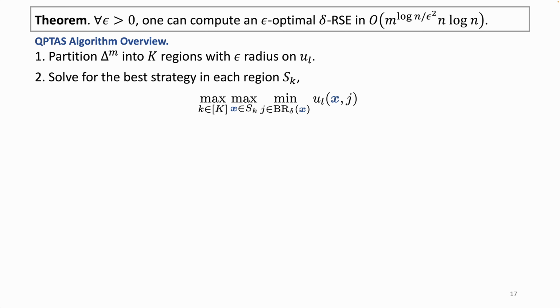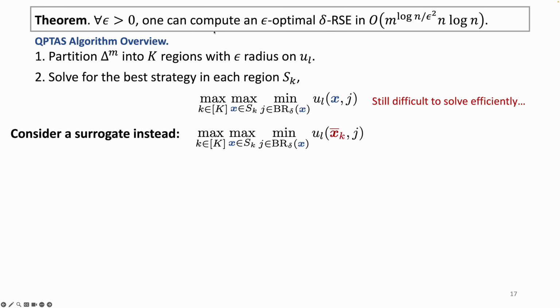Now that we have those K regions, we can formulate the optimization program as solving for the best strategy in each region. But this optimization program is still hard to solve. Therefore, we consider a surrogate to this optimization objective: we replace the optimization variable x in the objective by the centroid of each partition block.